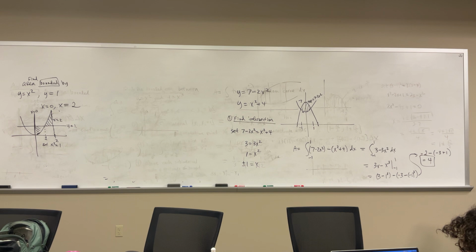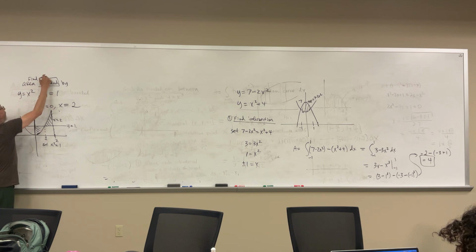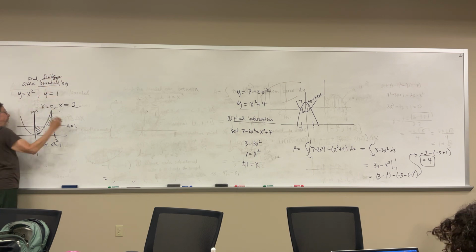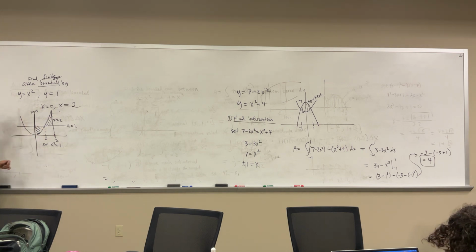So we're always looking for bounded. Eventually, we can allow infinite areas, infinitely big, but for now, we're always looking for just the finite. You can think of this as finite area, something you could draw a circle around.